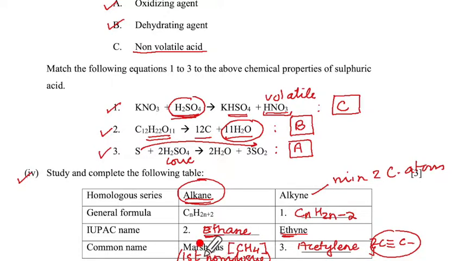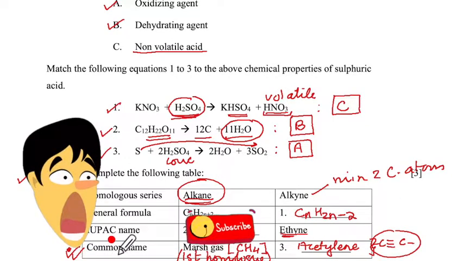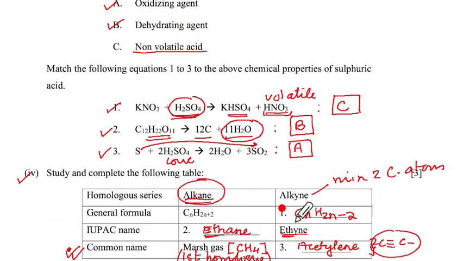Remember, with marsh gas we will not have methane or anything. There is no methane over here. So you had to be careful over here, this part was a little tricky. So we looked at it as first homologue for alkane and first homologue for alkyne.